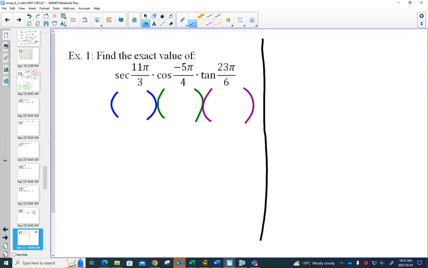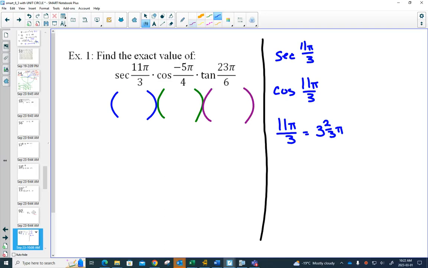So starting with the blue, if I want to find secant of 11 pi over 3, I need to first find cos of 11 pi over 3. I know that that's part of my pi over 3 family. I would take the 11 pi over 3, change it to a mixed fraction, 3 2/3, and that tells me what quadrant it's in.